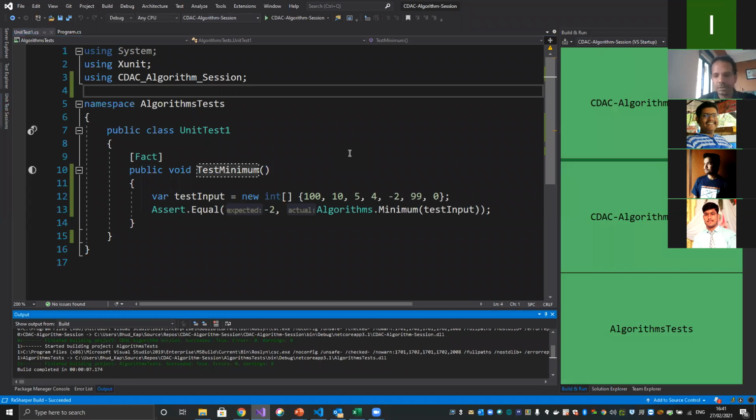Hello, sir. Yes, so Vikas here. What is the meaning of that fact in the square brackets? So when you are writing a test, basically what you're stating is a fact. So your code must be evaluated against that fact. We have this concept of TDD, the test-driven development.